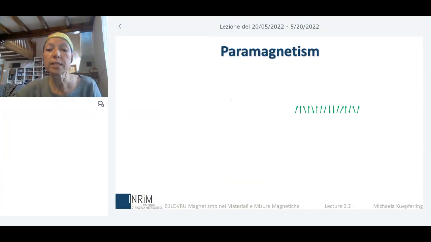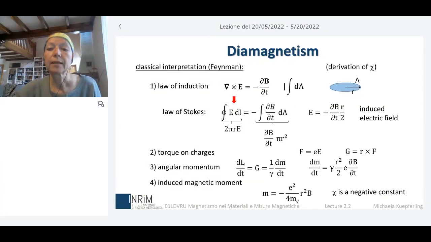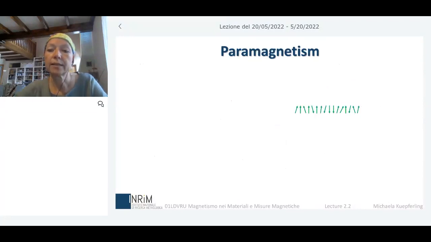So we can consider, of course, that diamagnetism is kind of induced magnetism, while paramagnetism is not at all like that.